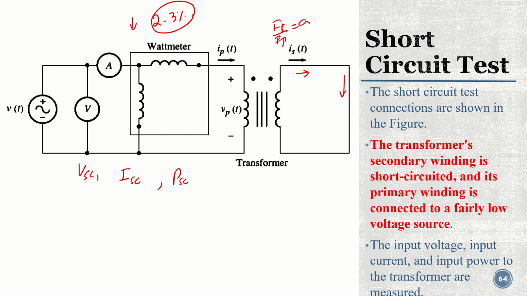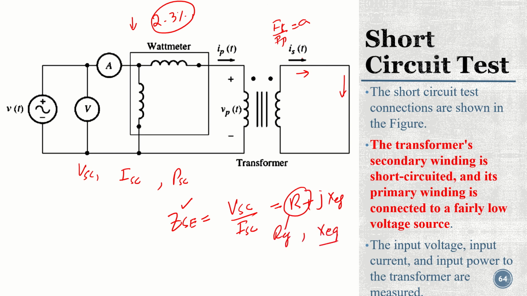So we can find those values. Now we will calculate the impedance, which is the ratio of the short circuit voltage over the short circuit current. Impedance is, as I said earlier, resistance plus reactance. So if we calculate the impedance, we can find the values of the equivalent resistance and the equivalent reactance of the transformer.